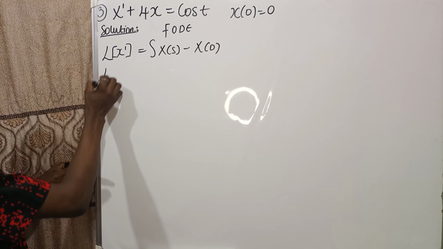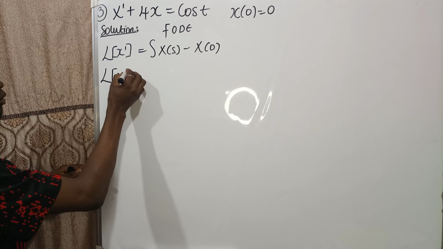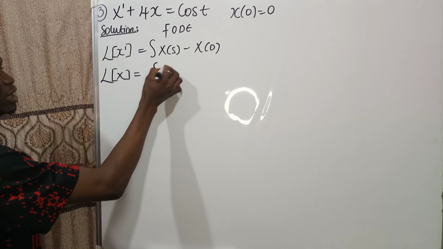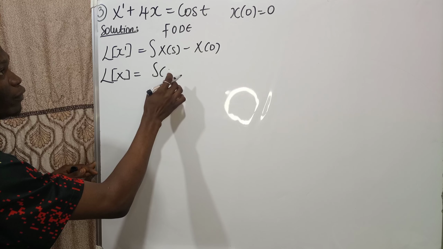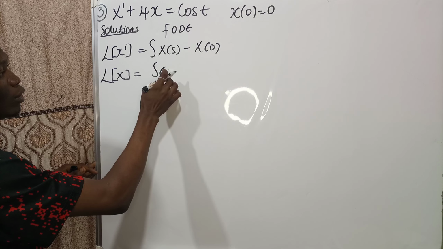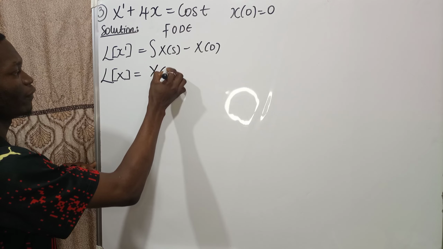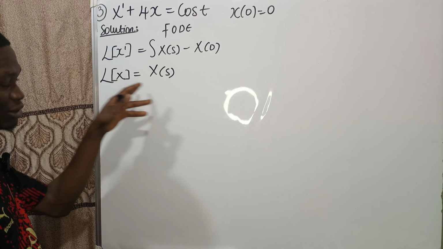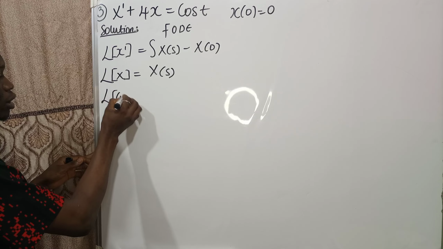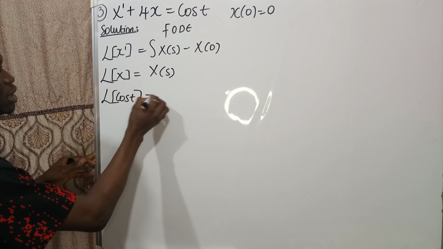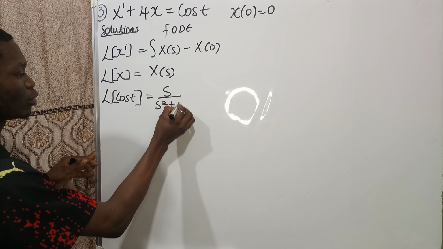So now, the Laplace transform of this x, just leave the 4 for now, is X of s. Then the Laplace transform of cos t is s all over s squared plus 1.